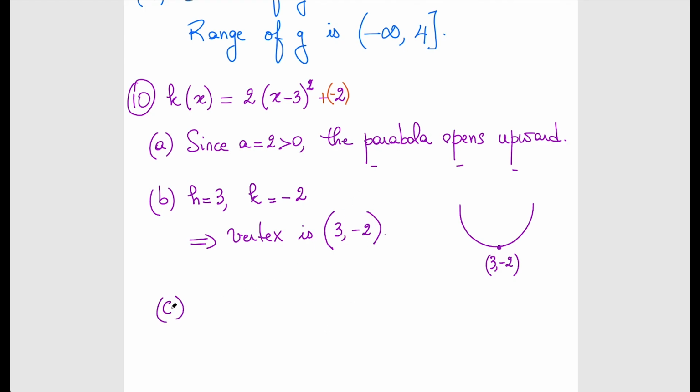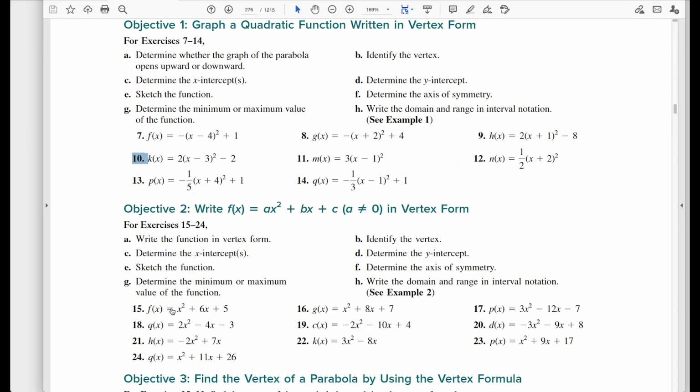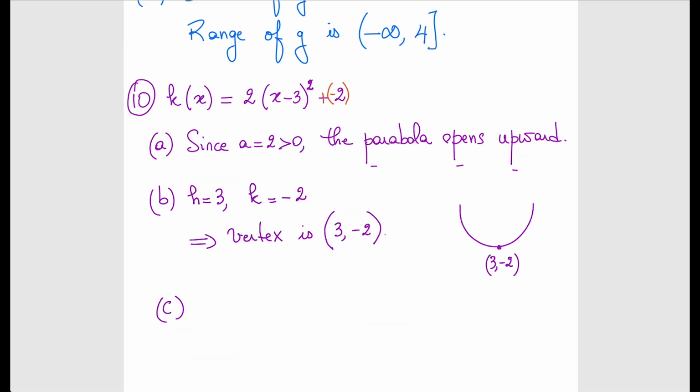Part C was determine the x-intercept or x-intercepts. Well, this is where the function is going to cross the x-axis, which means where the function vanishes. So we're going to try to find all the x so that k of x is equal to 0, correct?